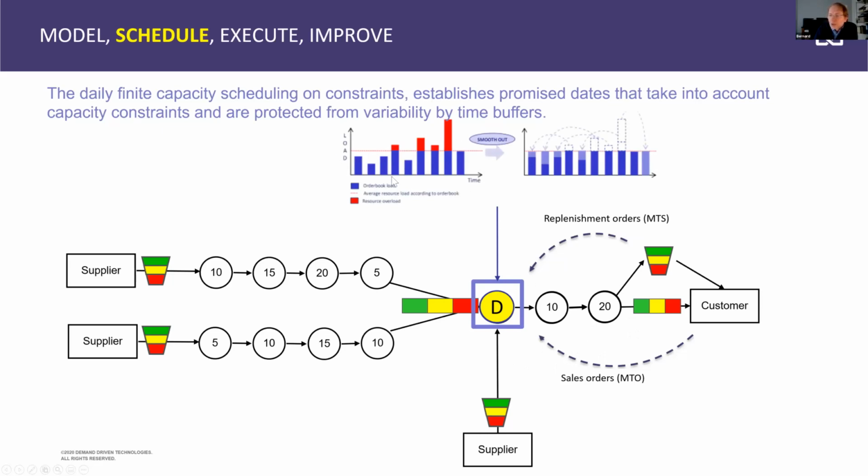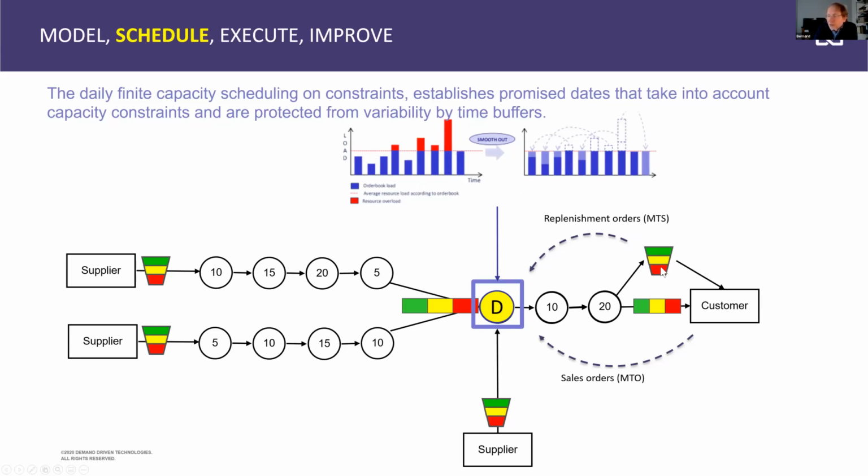And what we start doing is finite capacity scheduling that drum, so that we generate a schedule that is realistic, that we'll be able to stick to, and we level out based on the right priorities.